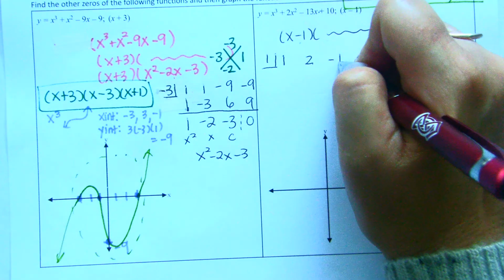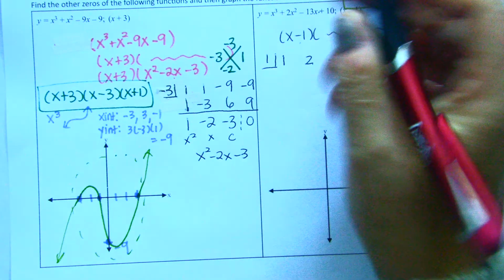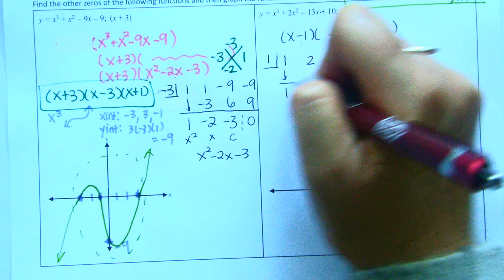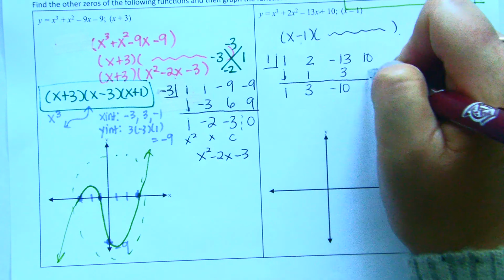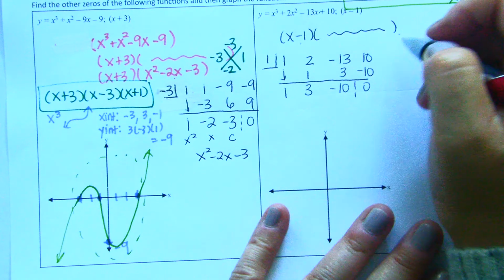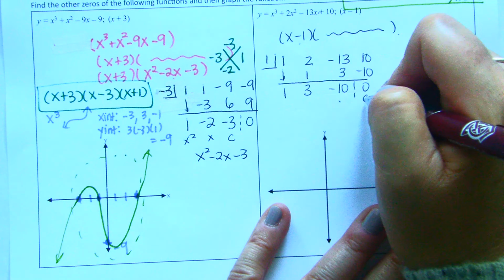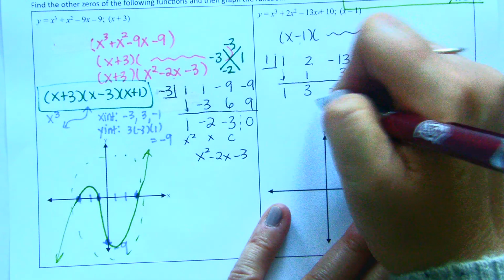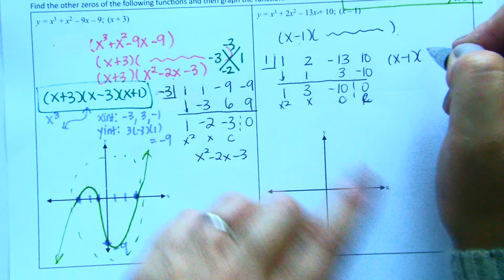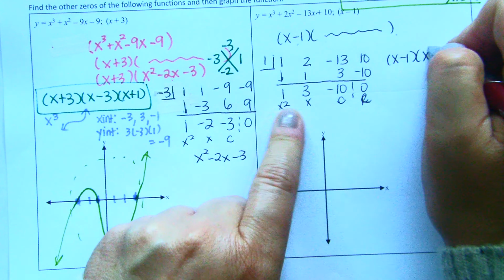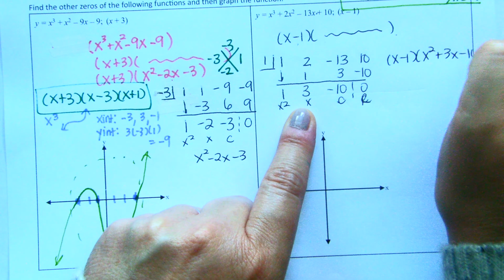There's no missing terms here, so that's a nice touch. So the 1 comes down, I multiply, add, multiply, add, multiply, add. So this is my remainder, my constant, my x, and my x squared. So that means that my answer for this is x squared plus 3x minus 10.